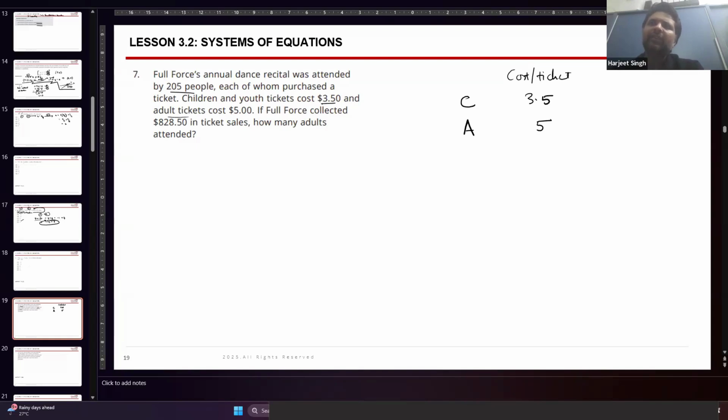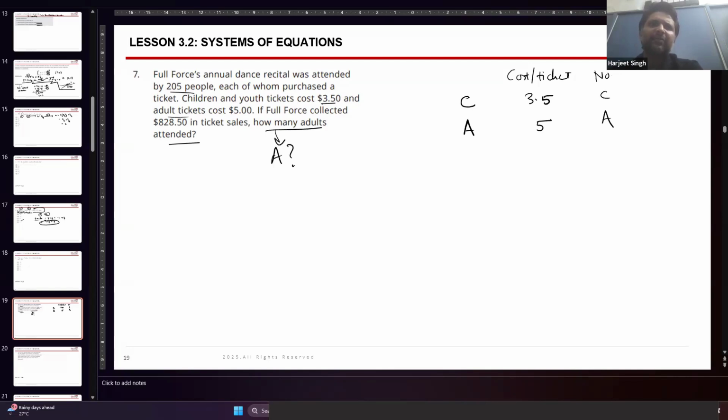So clearly one column here is cost per ticket, the other is the number of tickets, rather the number of adults or the children, right? Because what is the question here? How many adults attended? So the question is what is A? So I will just use C and A as proxies for these variables to avoid confusion. C is for children, A is for adults. So the number of children and adults are given by C and A.